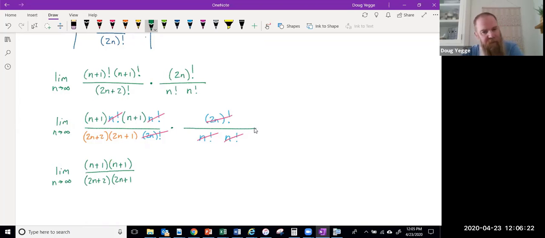Now notice you still get infinity over infinity, but you should be able to simplify this pretty easily. If I expand this, this will just become n squared plus 2n plus 1 on top. And on bottom, you get 4n squared plus 6n plus 2.